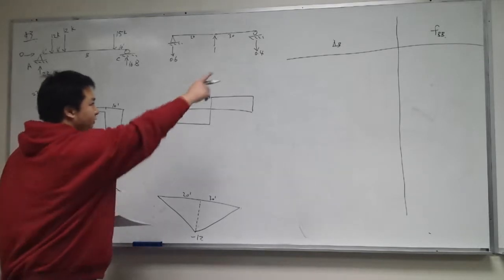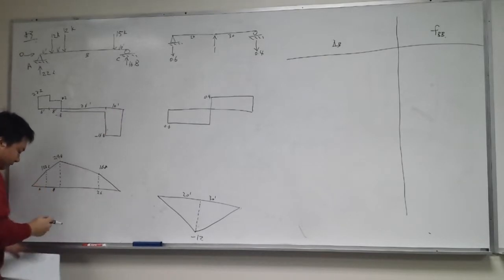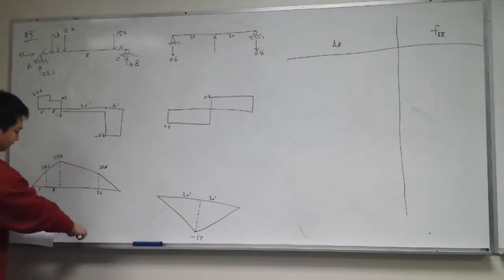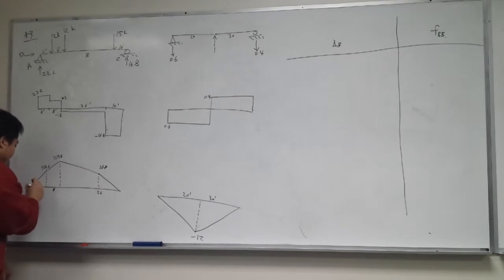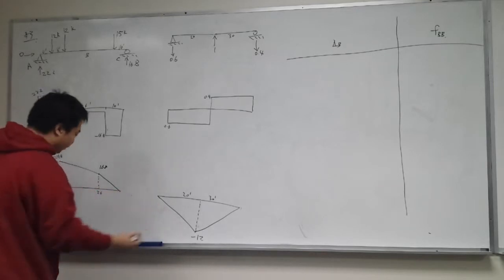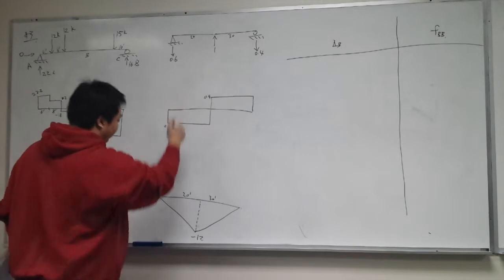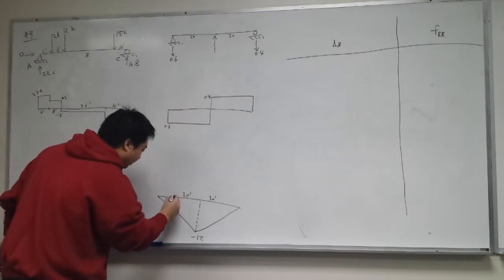So first for delta B, you choose this area. It's a triangle. And you come to here. You do the same thing for 6 feet. So you draw 6 feet right here. Here is 20, so 6 should be right here.